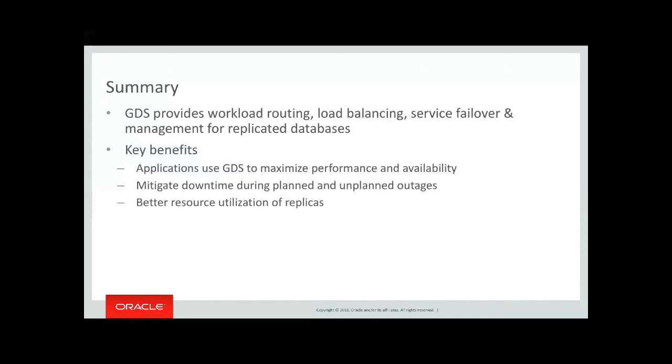Performance via connection load balancing, availability via the FAN notifications when service failovers happen. We talked about how we mitigate planned and unplanned outages. And the best part is better resource utilization. You don't have underutilized resources on one side and overutilized on the other. You're effectively managing your resources for your given application.